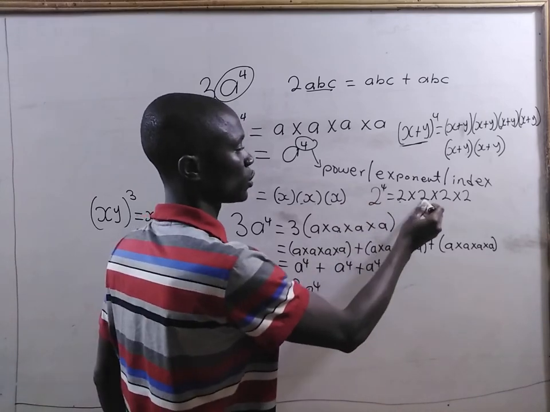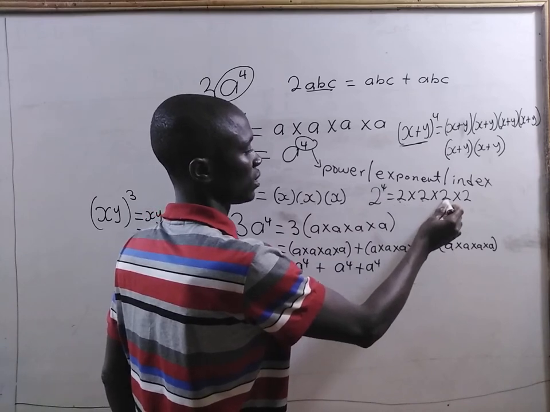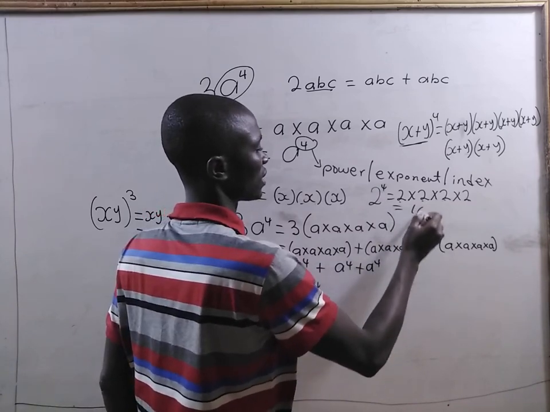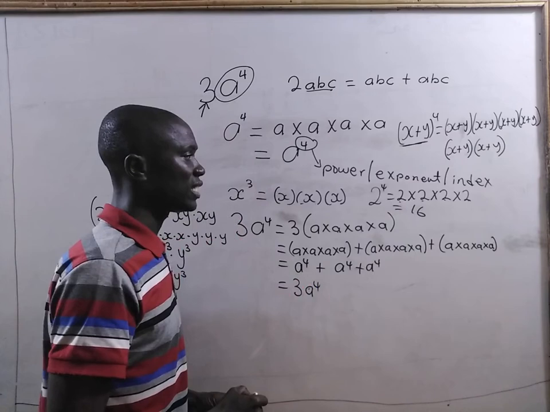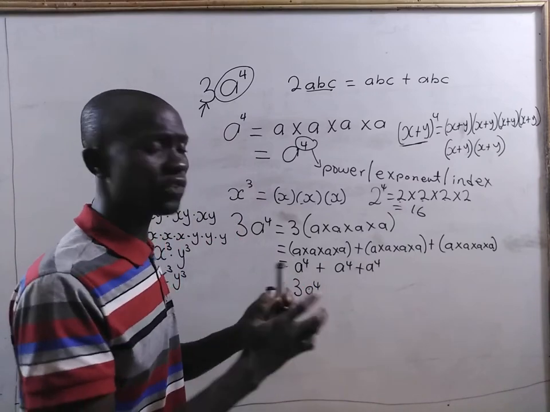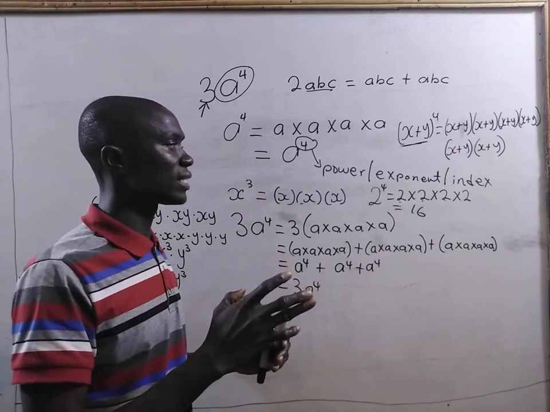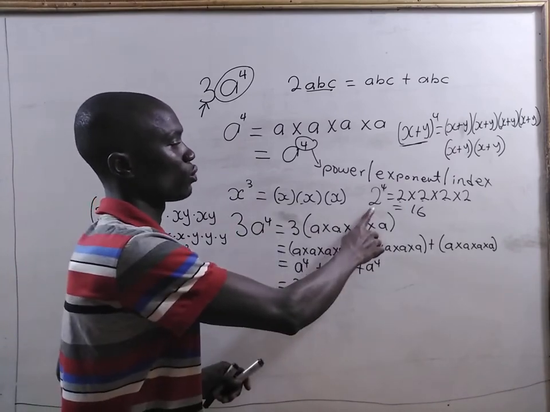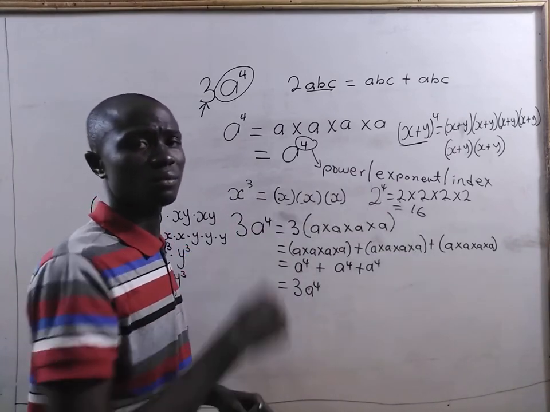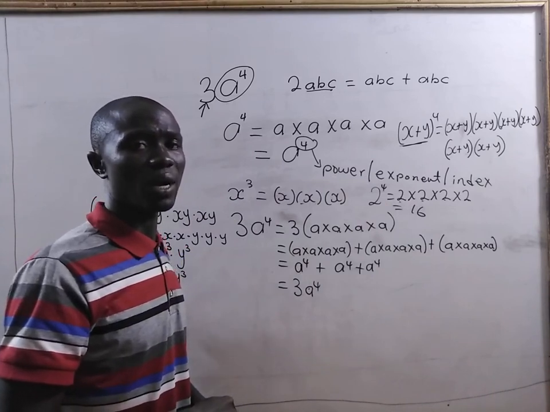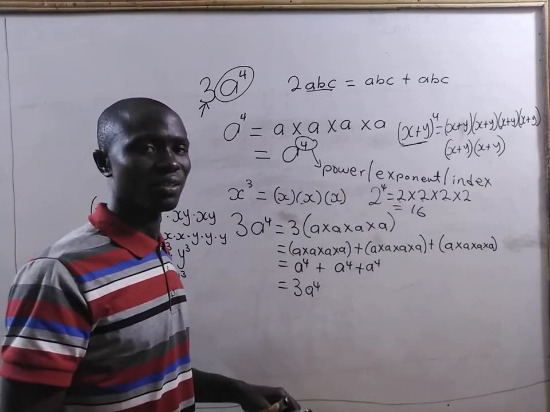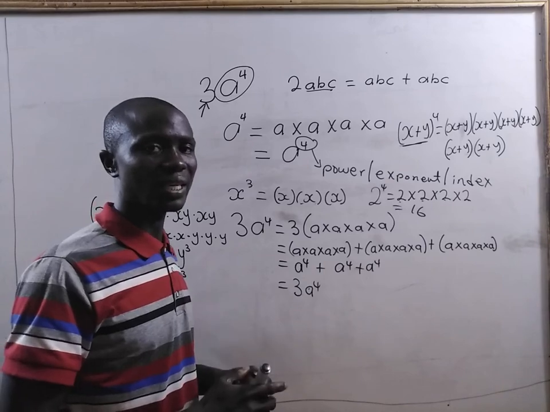And that is 2 times 2 is 4, times 2 is 8, times 2, and that will give us 16. But if I have a coefficient, it means that this variable is adding itself that number of times. Very, very simple as that.